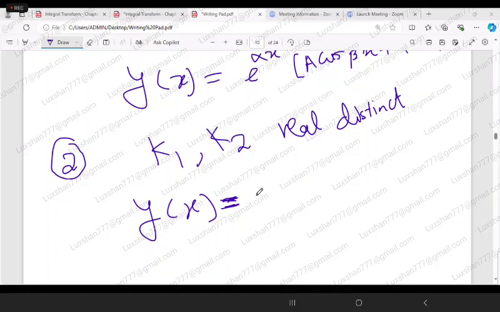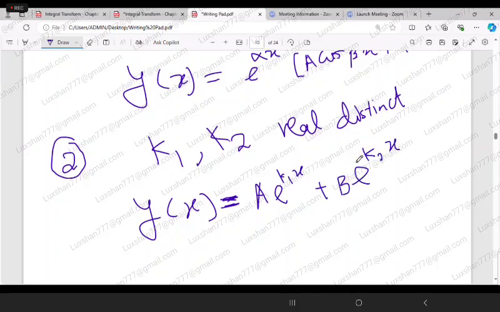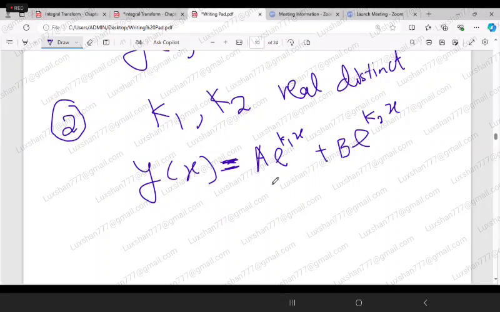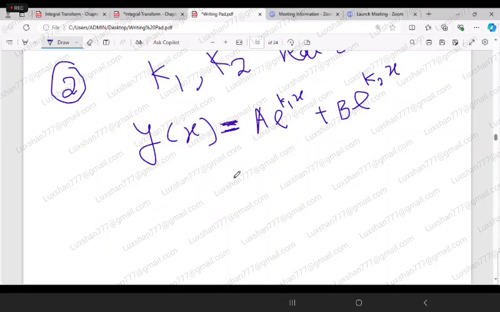Yes, so you can write it as A e to the power k1 x plus B e to the power k2 x. Now, this one can actually be written in another way with some conditions.